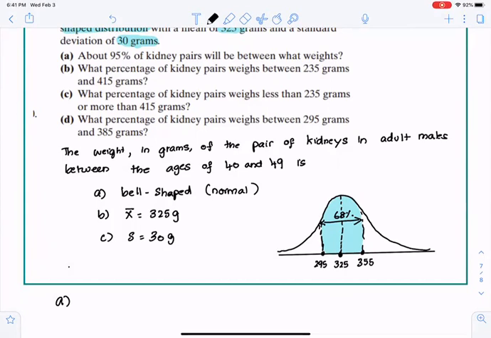Now, if I went two standard deviations on either side, I need to add another 30 to the previously added 30. So 355 plus 30 is 385, and 295 minus 30 is 265.